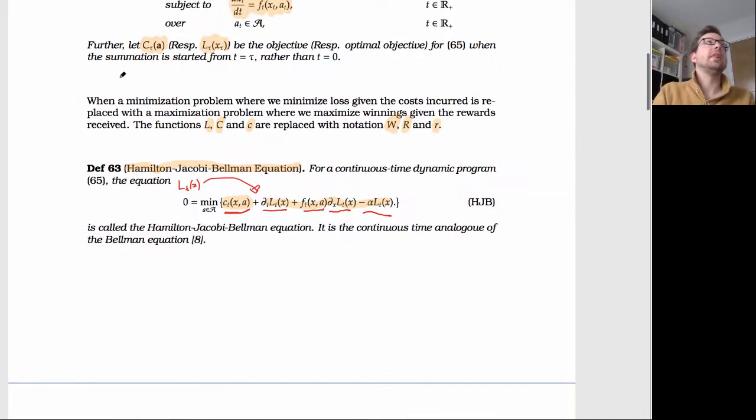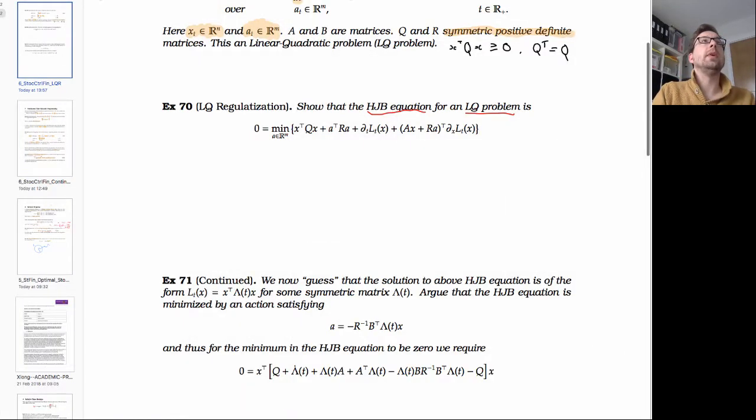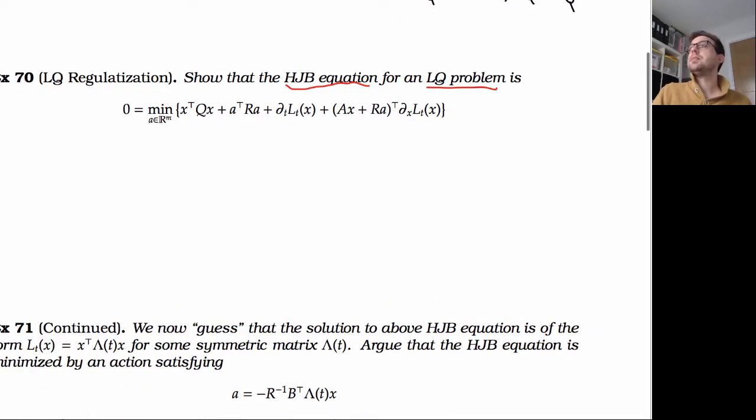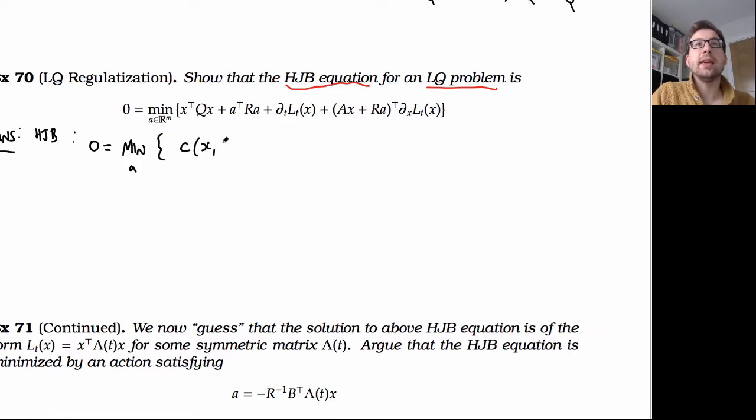Let's jump back to where we were. To answer this question, we just need to remember the definition of the HJB equation. We minimize over the set of actions the cost of being in state x and taking action a. Then we add on the partial derivative of our optimal cost function with respect to time.